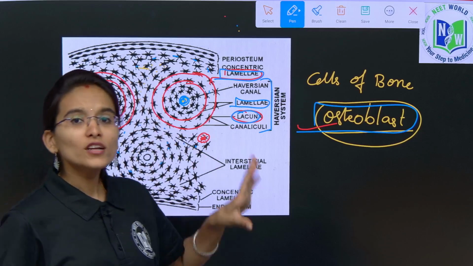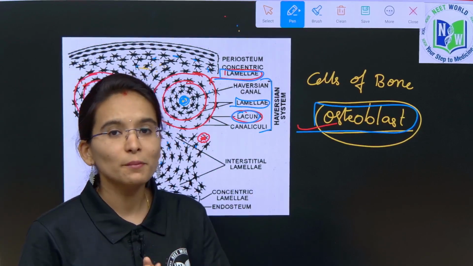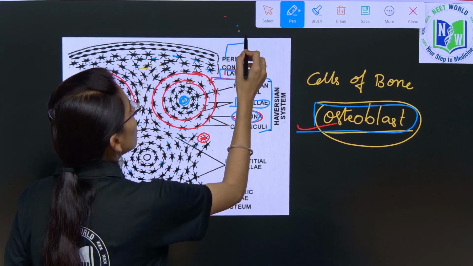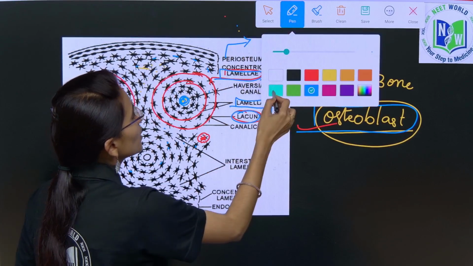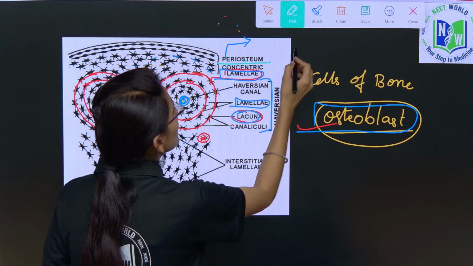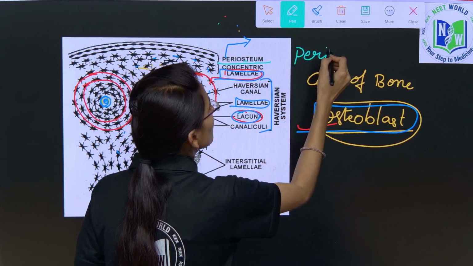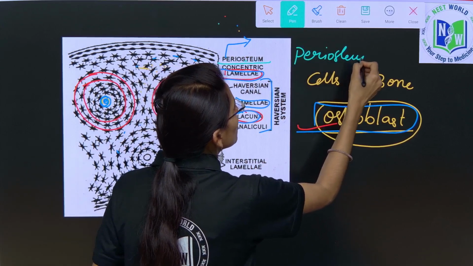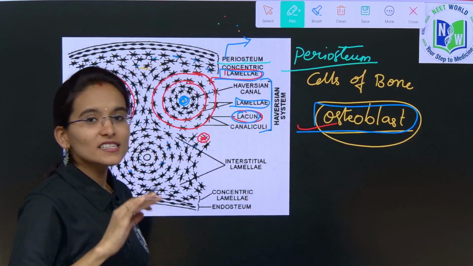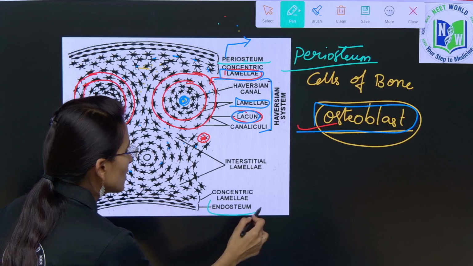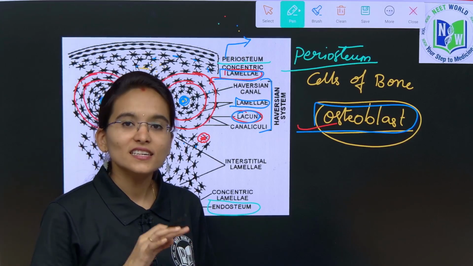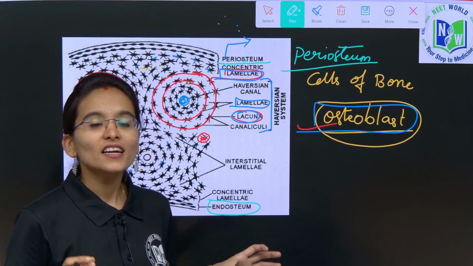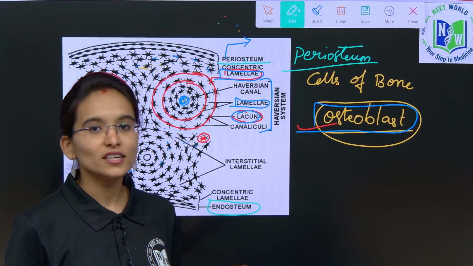The bone is protected externally by a membrane called periosteum, and internally it is covered by a membrane called endosteum. Periosteum is the external protective membrane and endosteum is the internal one.